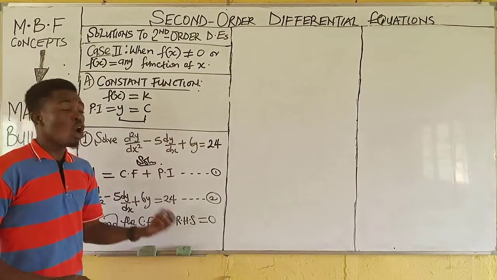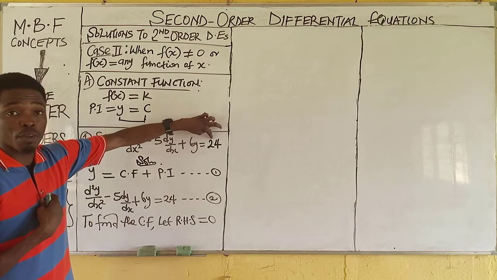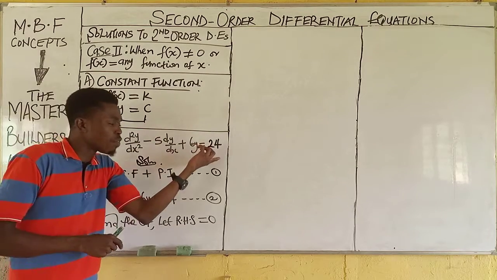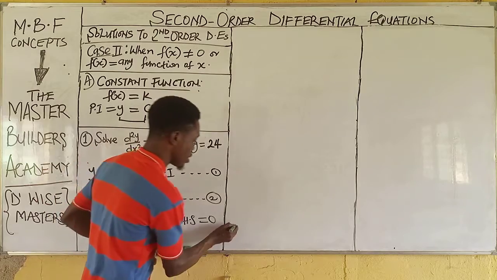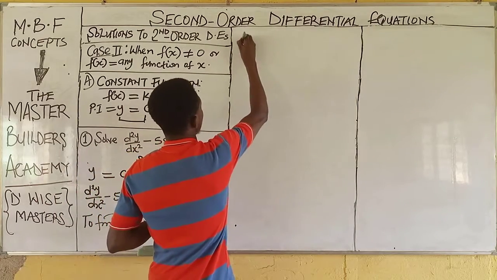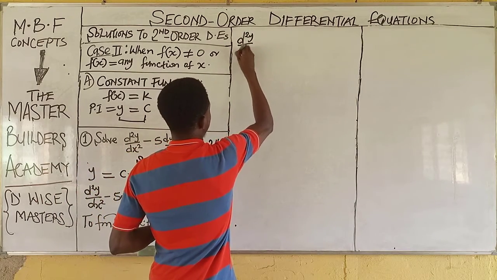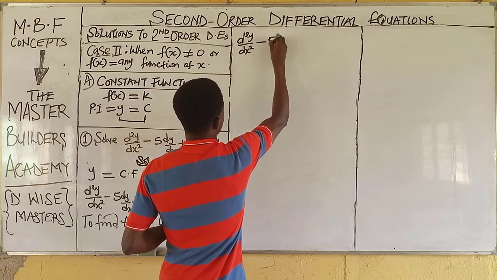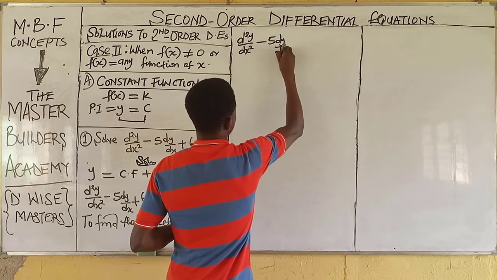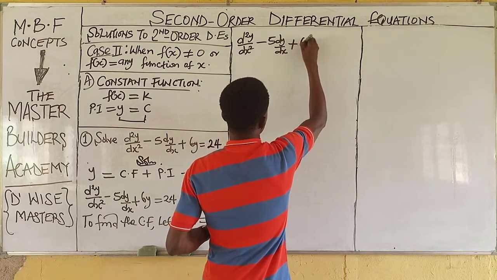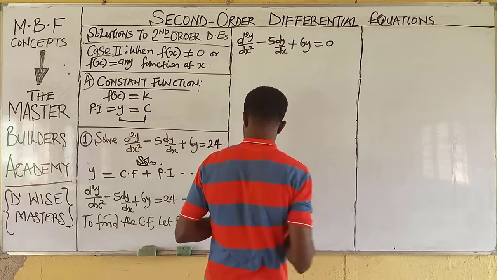Hope you understand what I just did. So all I need to do now is to remove 24 from here and put 0, or replace 24 with 0. Now we will come to this page and have d squared y over dx squared minus 5 dy over dx plus 6y is equal to 0.